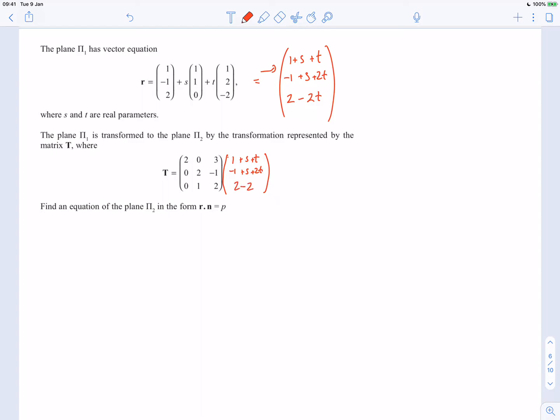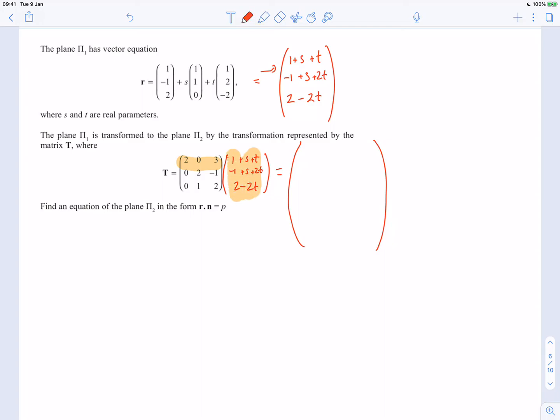Same as before, this is going to output a 3 by 1 matrix, and I'm just going to do row by column, but I'm going to do the numbers first, and then the s's, and then the t's. So first row, first column. And by the way, this is all a 3 by 1, so technically I'm doing the whole thing here.